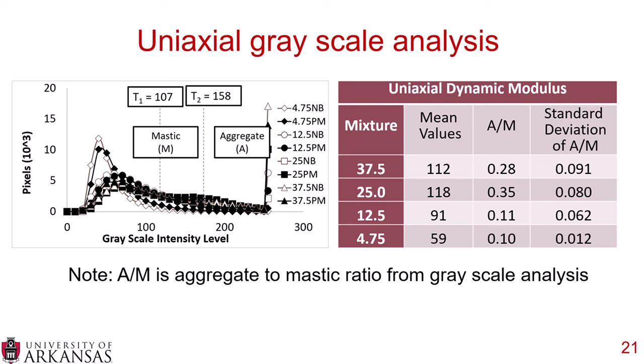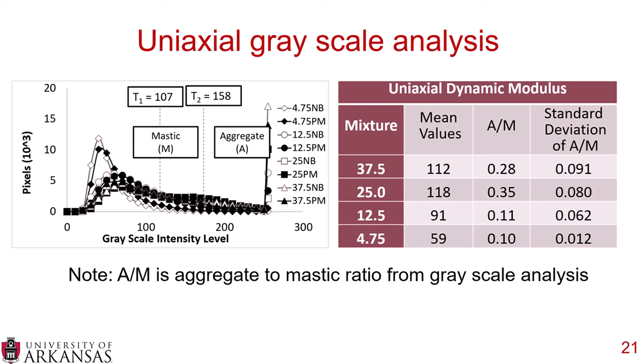So you can see on the left-hand side here, we have all 8 mixtures from the 4.75 nominal maximum aggregate size neat binder all the way down to the 37.5 polymer modified mixture. And we kept the T1 and T2 levels established by Zalou at 107 and 158. So everything to the left of that 158 we considered the mastic.